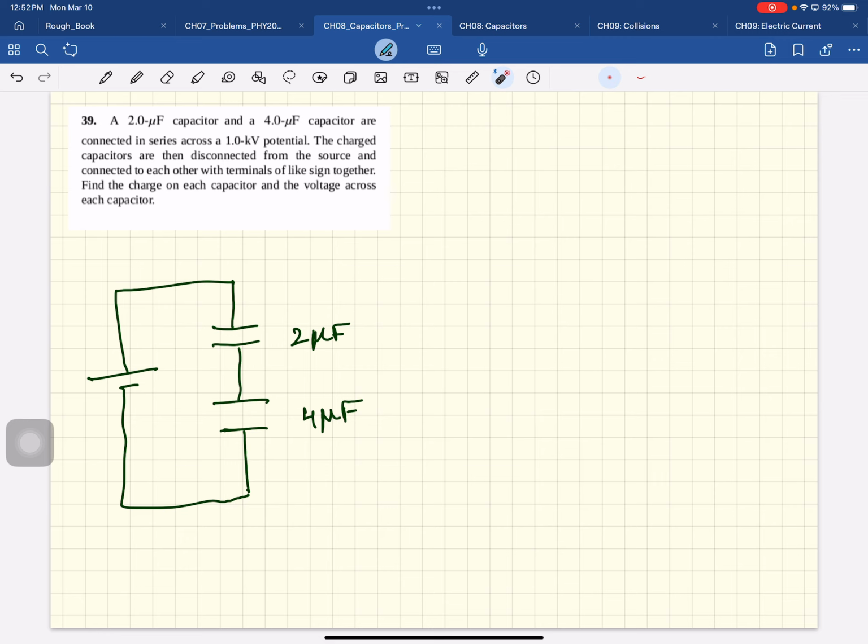Okay, so what you learned was when you have a series combination, what happens is the following. When you close the switch, electrons flow from here and they collect there. Let's say 10 electrons flow from here and collect there. Well, this guy's negatively charged. What happens then?